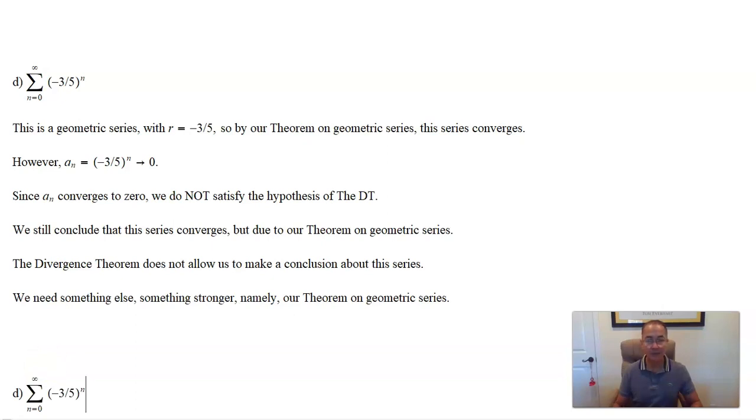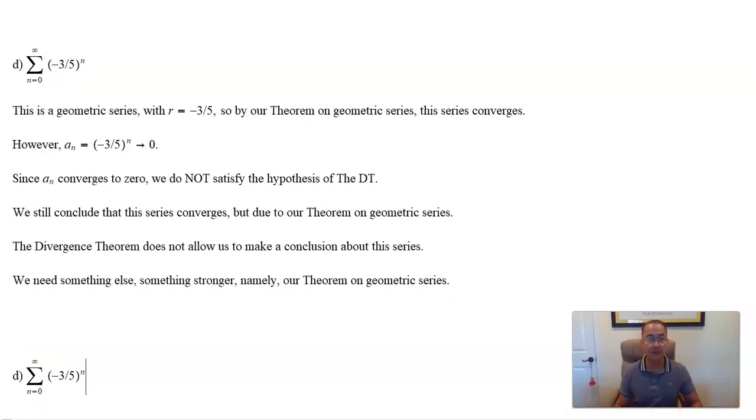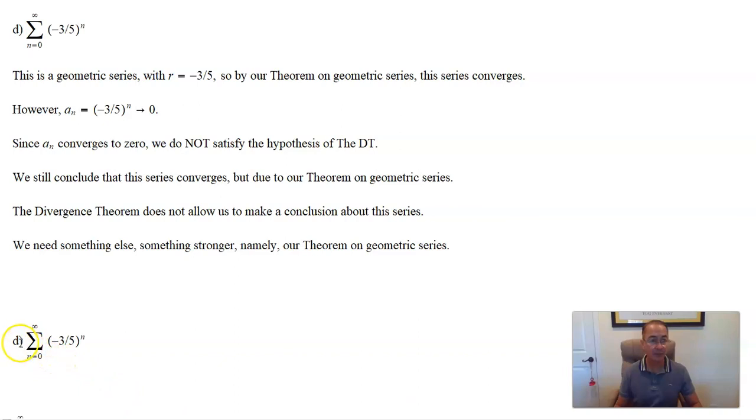Okay, so what if we now change this example? This is now part E, and instead of -3/5, we have -5/3. Let's flip the fraction. So this r is now less than -1. Okay, so we have to go back to part 1, where we saw geometric sequences.